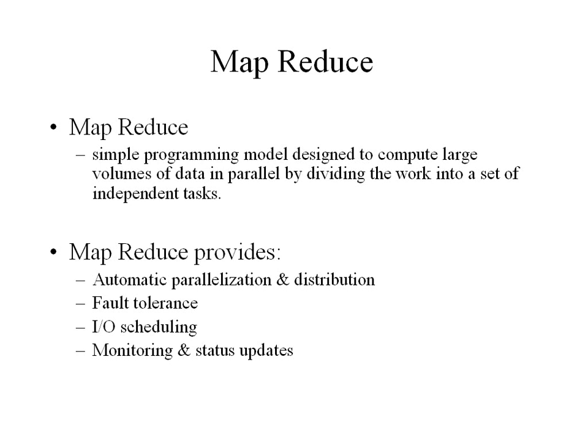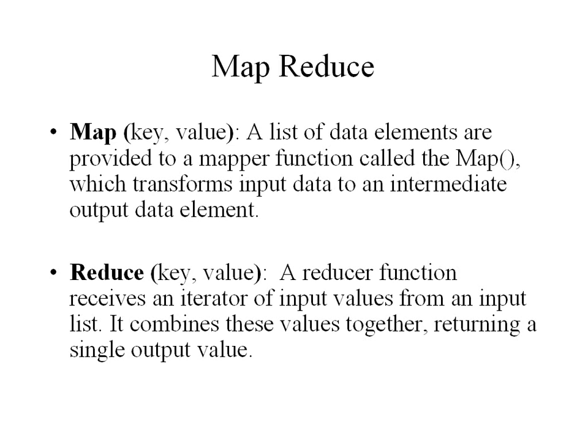So MapReduce, I already explained this. In MapReduce we have two functions, the map function and the reduce function. Map takes input data in key and value format. A list of data elements is provided to the mapper function, called the map function, which transforms input data into intermediate output data elements.